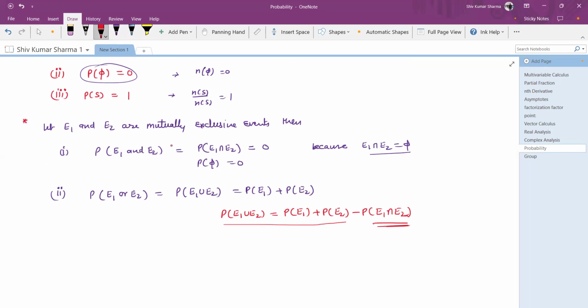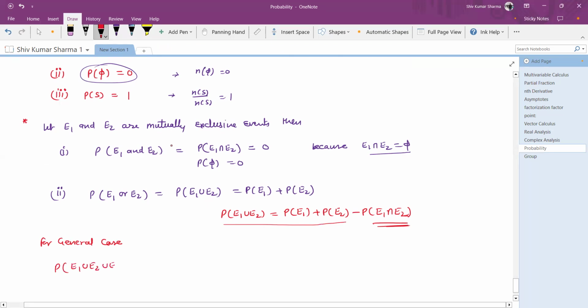So this gives us P(E1 union E2) equal to P(E1) plus P(E2). For the general case, we can write the probability of E1 union E2 union E3 union E4 and so on, union En.